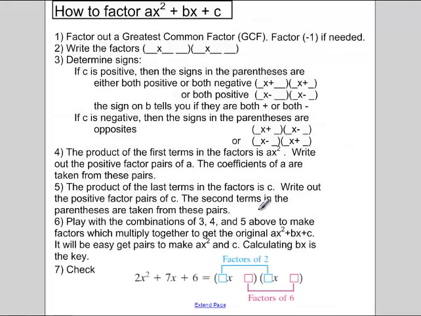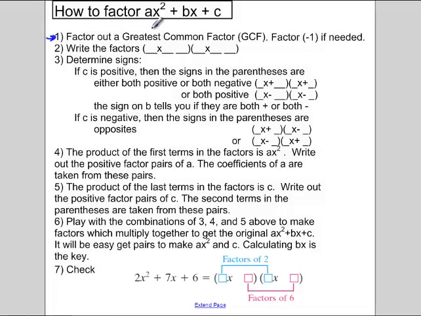So let's go through a couple steps. We did something a little more simple with section 6.2. Here's how to factor ax squared plus bx plus c. Now 6.3 is going to give us something where a is not equal to 1, so we have to modify those steps that we took in section 6.2. But for any kind of factorization, we're going to do this to make our life easy.